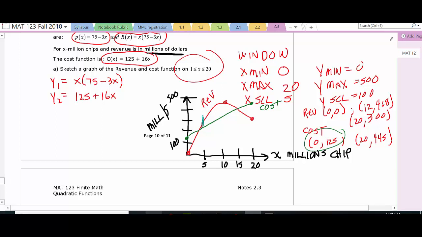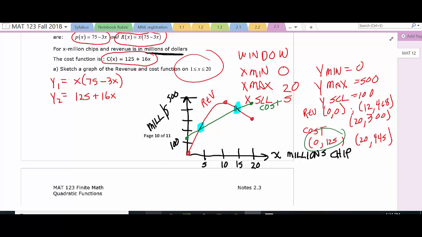These two things here are called your break-even points. And what break-even points are is they're a place where the revenue and cost are equal. It just means if the revenue you're bringing in is the same as the cost, then you're not making money, but you're not losing either, right?